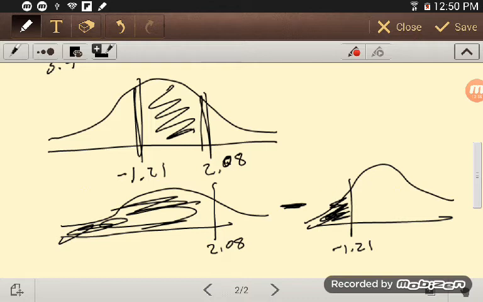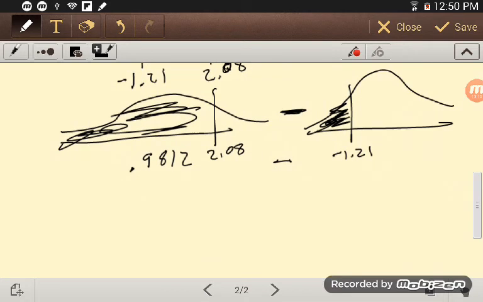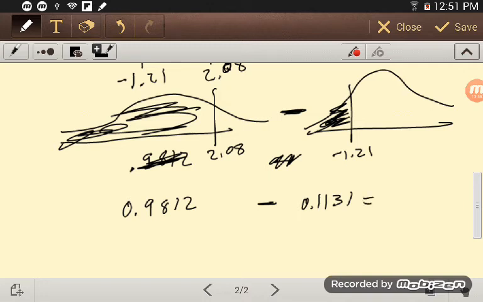I go to the positive table, I look up 2.08, and it looks to me like 2.08 is 0.9812, so this is 0.9812 minus, and negative 1.21, so I have to go up to the other table. Negative 1.21 looks to be 0.1131, and so I do that subtraction.